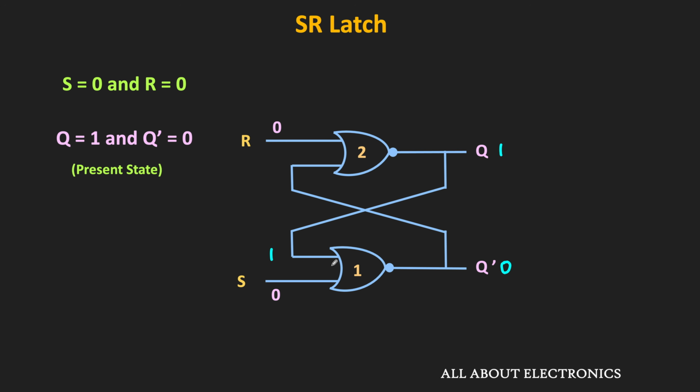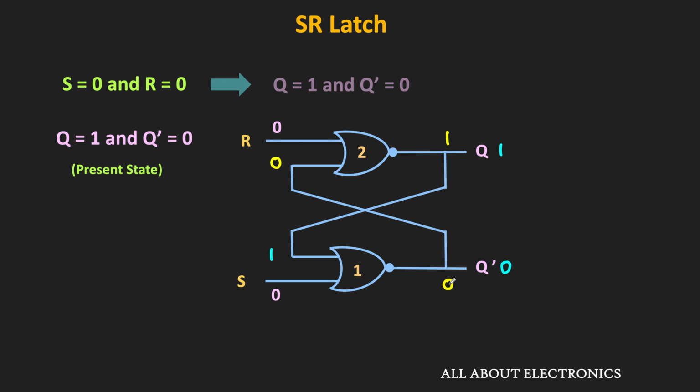That means now one input of the first NOR gate is equal to 1, and therefore its output will be equal to 0, and the same 0 will also appear at the input of the second NOR gate. So now both inputs of the second NOR gate are 0, and therefore its output will be equal to 1.